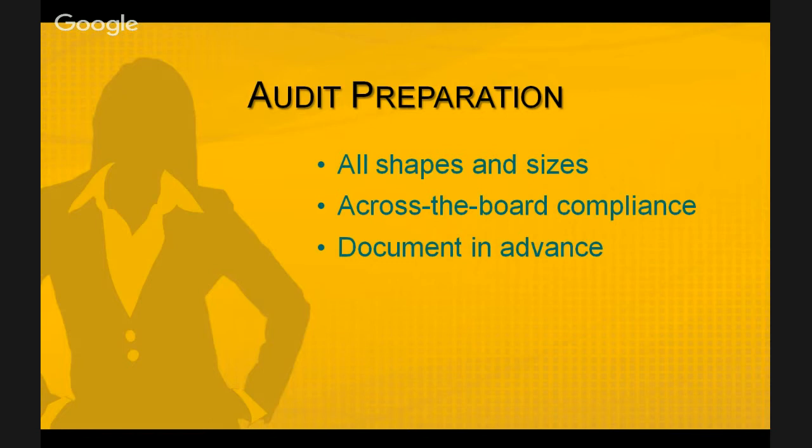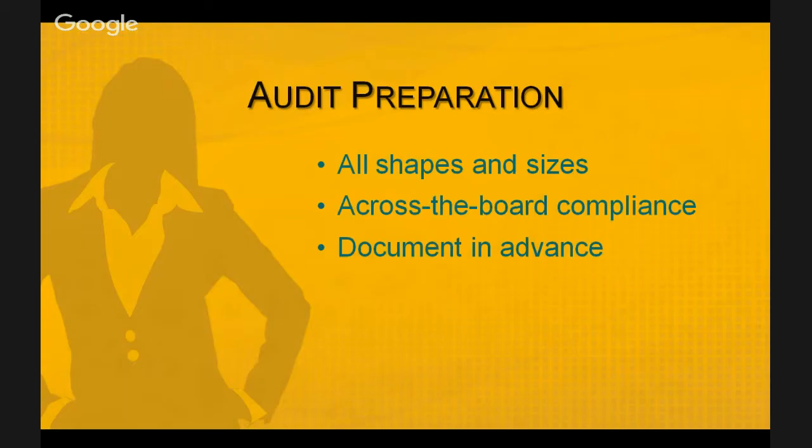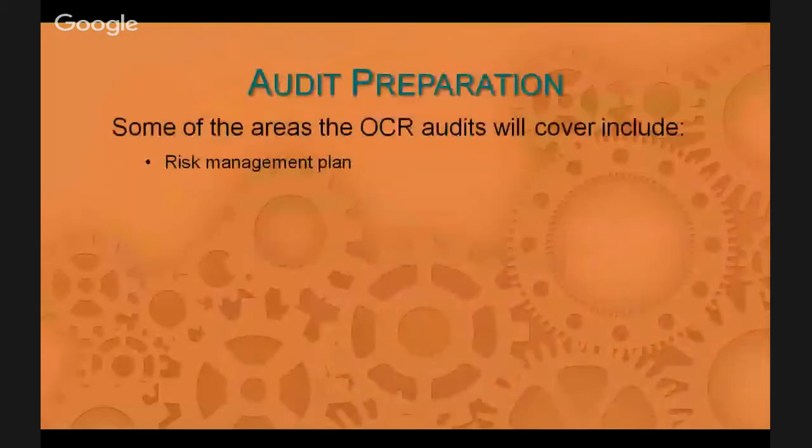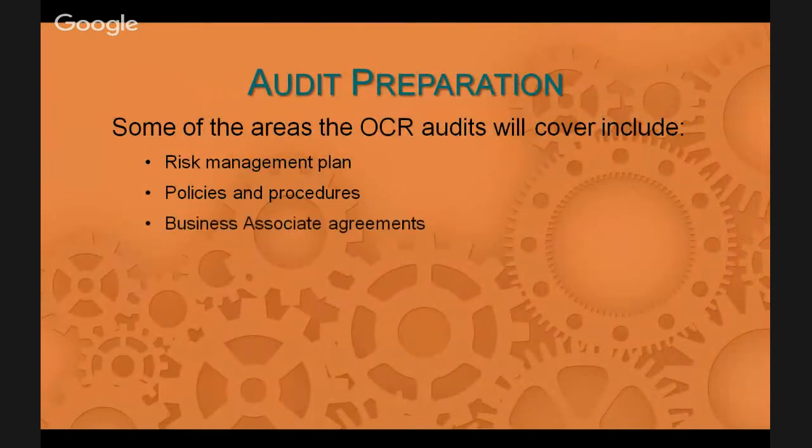Some of the areas that OCR audits include the following. The first is risk analysis. We've covered that today. The second is evidence of a risk management plan, a list of known risks and how they're being dealt with. Next, policies and procedures and descriptions of how they were implemented.